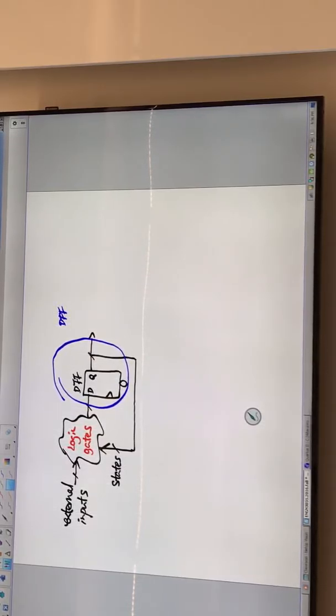Because each diagram represents 1 flip-flop. You got 3 flip-flops, you need to have 3 of them, because the logic going into each D input is different. Otherwise, if you get 2 flip-flops with identical inputs, why do you need 2? You can put them into 1.